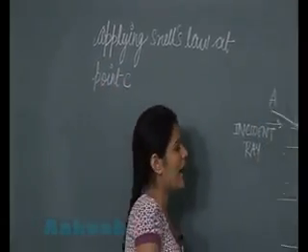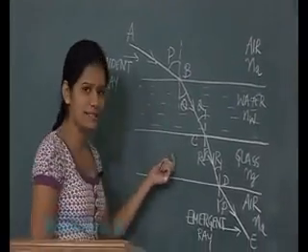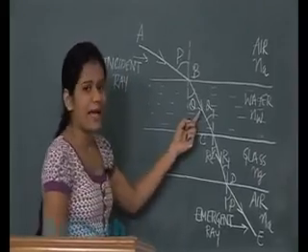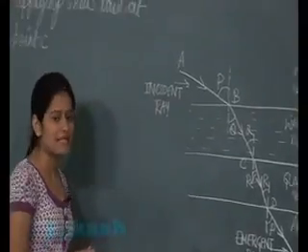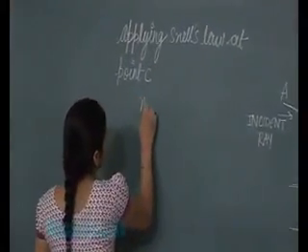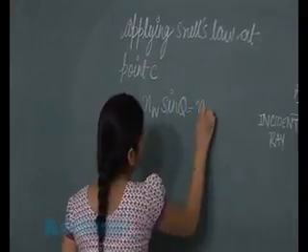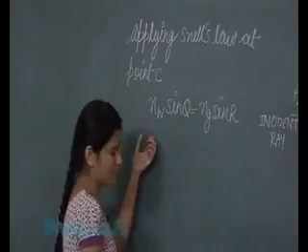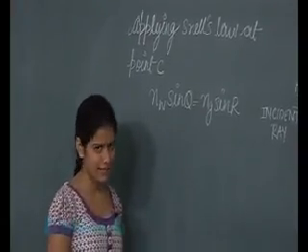Now student, at point C, the light ray is going from water to glass, at the water-glass boundary. Q is the angle of incidence and R is the angle of refraction. From Snell's law we get Nw sin Q is equal to Ng sin R, where Nw and Ng are the absolute refractive indices of water and glass respectively.